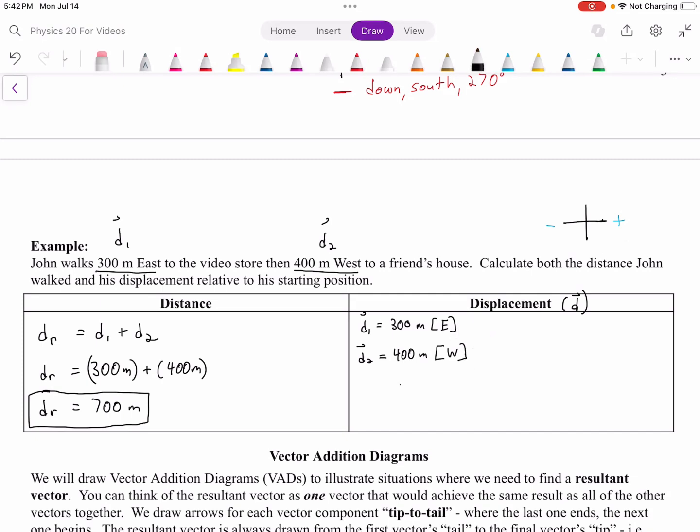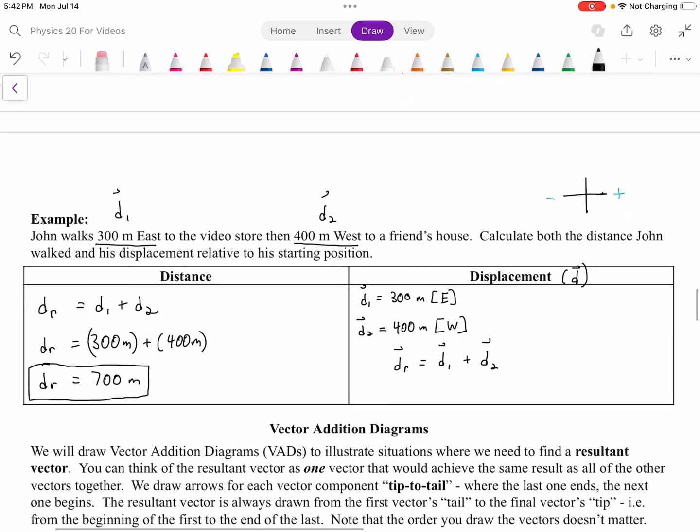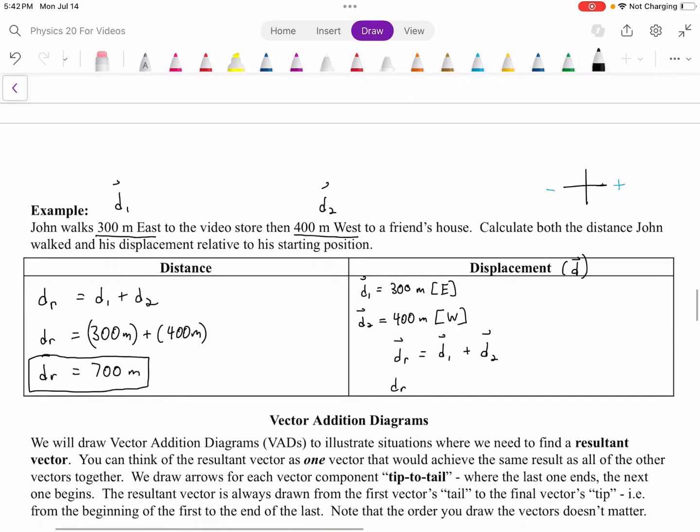So his resultant displacement, dr, the total displacement, now I'm doing the math. I can't put an east or a west into the calculator. So to denote opposite directions, I'm going to use opposite signs. That's where our signs come in. So same idea as before, the resultant displacement is just his 2 displacements added together. But now when I go to do D1, that's 300 meters to the east, so I'm going to make it positive 300 meters.